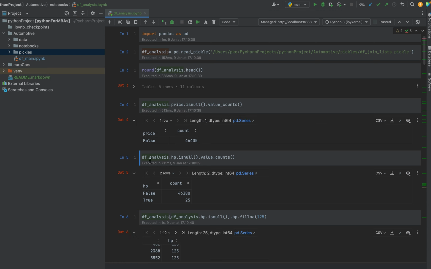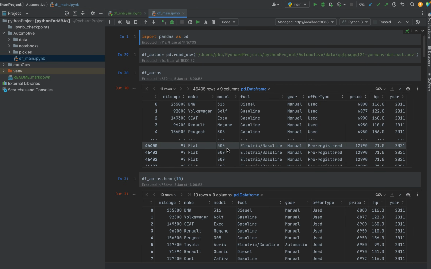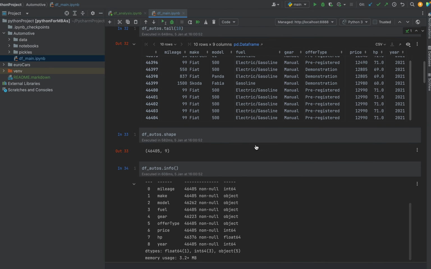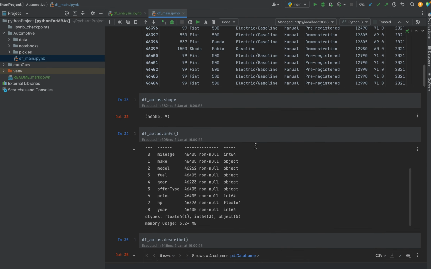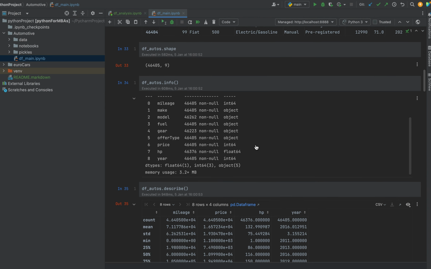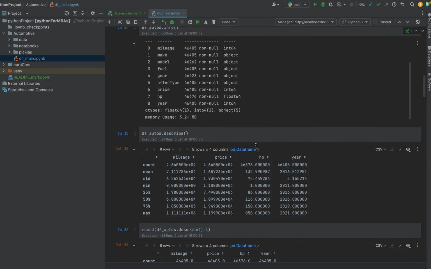This is actually a lot simpler to just do in pandas, but you need to make sure the data is clean first. So, for example, when you look at horsepower, you see there are 25 null values. I can't leave a null value blank because then it can't run computations on it.